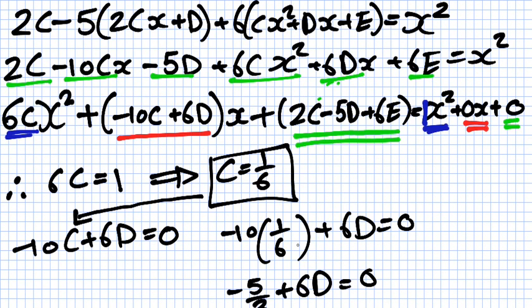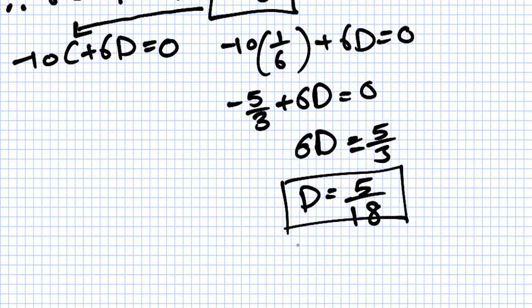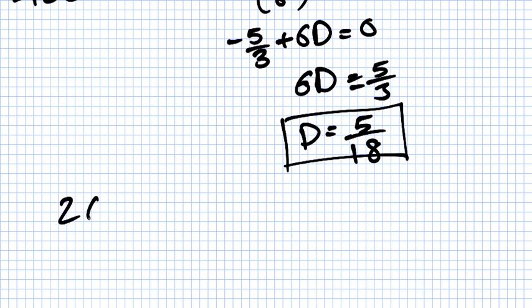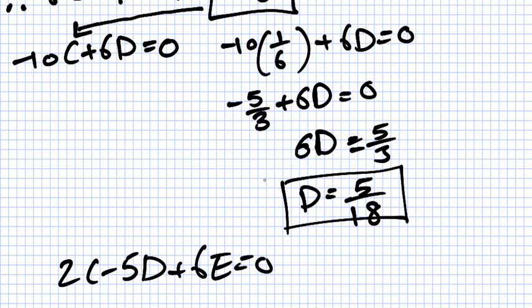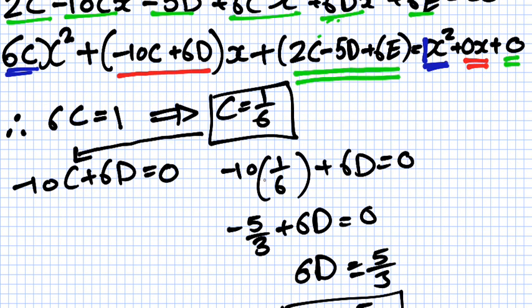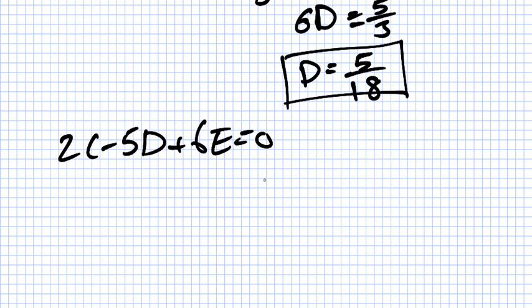And then finally I can say 2c minus 5d plus 6e equals 0. And we also know that c is 1 over 6 and d is 5 over 18.